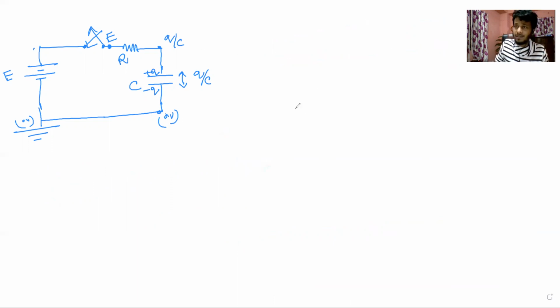Okay, let us examine the formula that we have derived for the voltage across the capacitor at time t, and it was what? E times 1 minus e to the power minus t by RC, isn't it? Yes sir. What is E here?